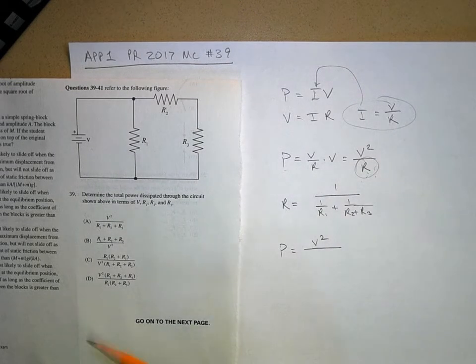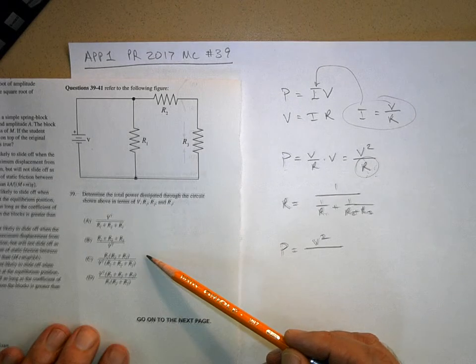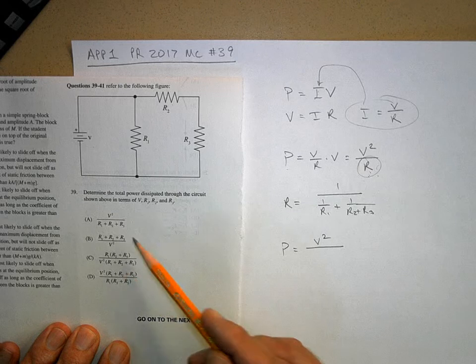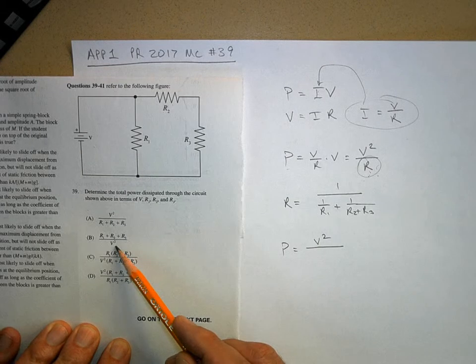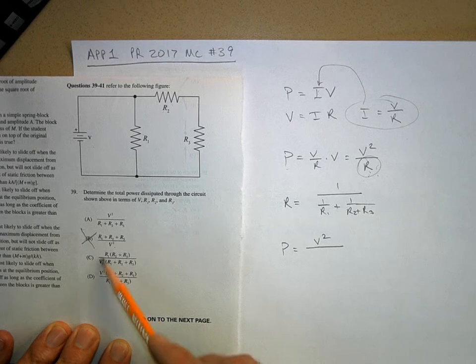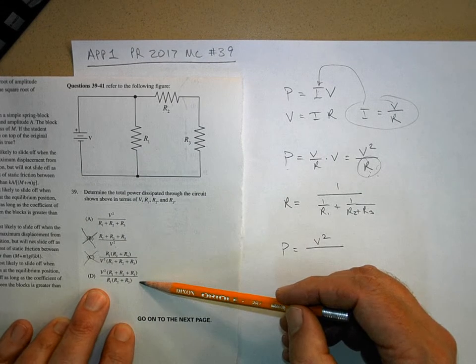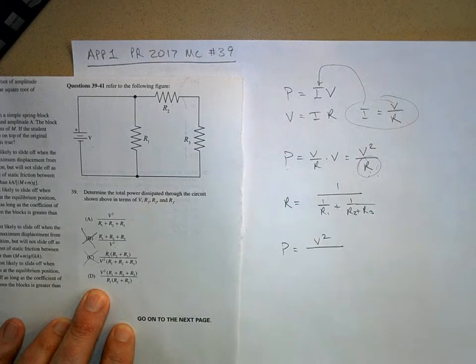Well, first of all, I can get rid of 2 of my answers just by knowing this, because here V squared's on the bottom, and that's wrong. And here V squared's on the bottom. So it's really between this one and this one.